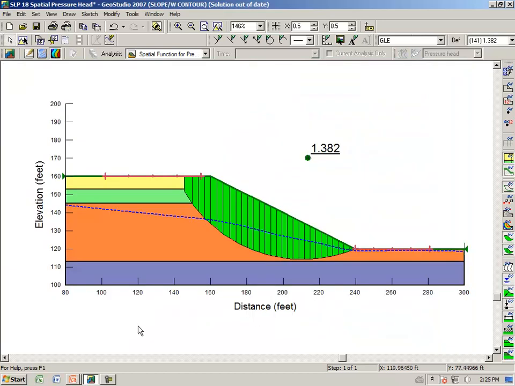I won't spend any more time then on spatial distribution of pore water pressures. This is a very useful technique, as I've already said, if you have irregular pore water pressure distributions, particularly for things like upward flow arising from artesian conditions. And I would say this method is useful somewhere between defining a piezometric line and using the results from a SEEP/W analysis.